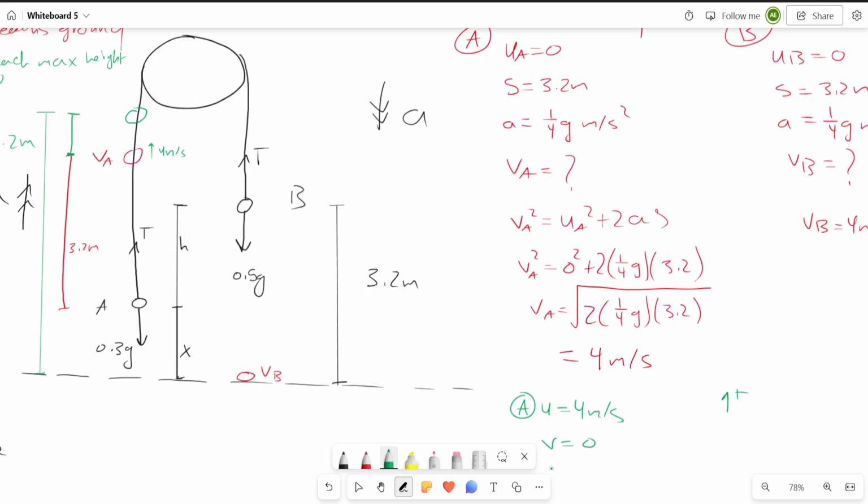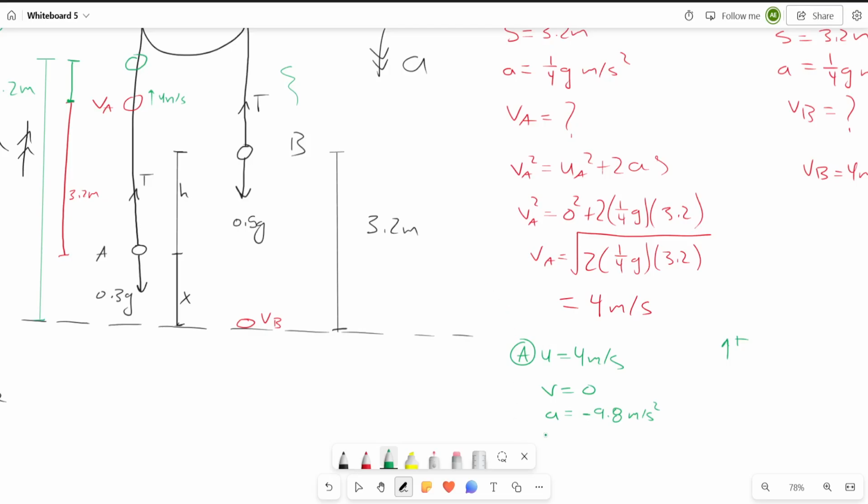I know that my acceleration, because after B hits the ground, the tension is not there anymore, this part becomes slack, and tension goes away. There is no tension, so my acceleration is basically going to be the acceleration due to gravity, which is negative 9.8 meters per second squared because it's acting downwards.